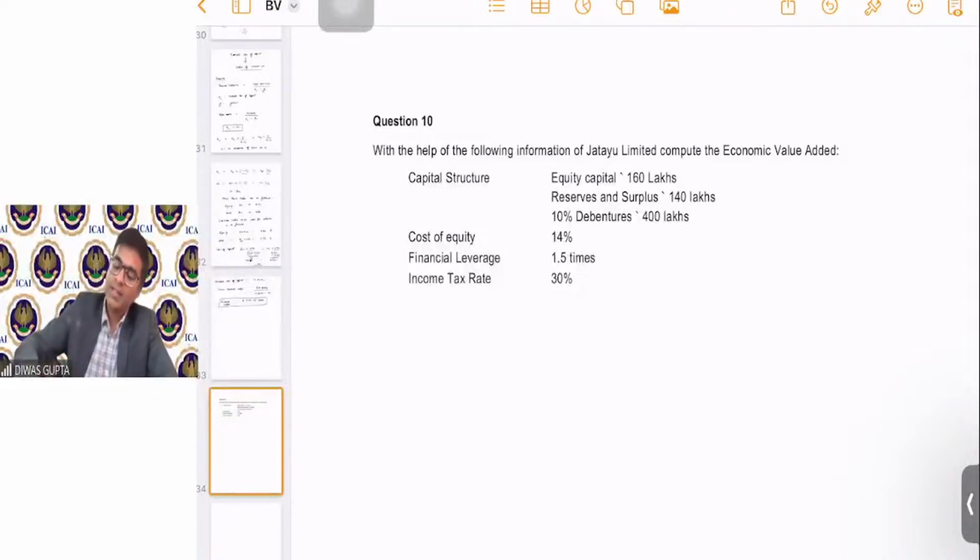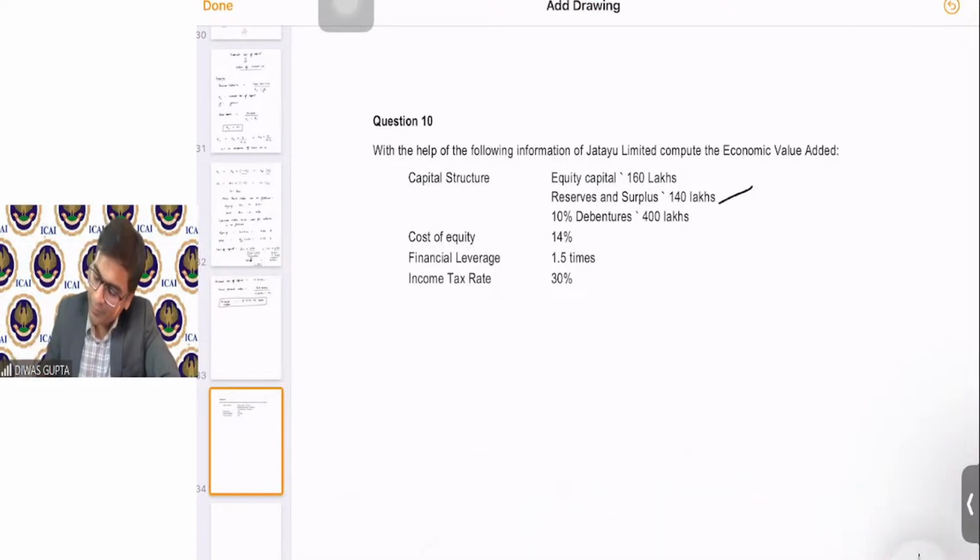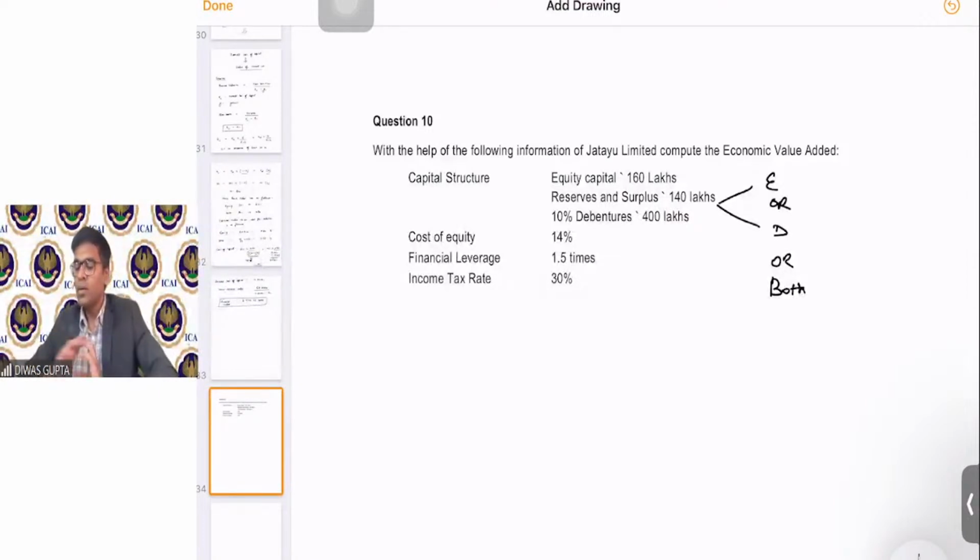Now tell me, students, these reserves and surplus should form part of whom? Equity or debt or both? Tell me, students. You will consider reserves and surplus as equity or debt or both, because it is related to the overall value of the company.